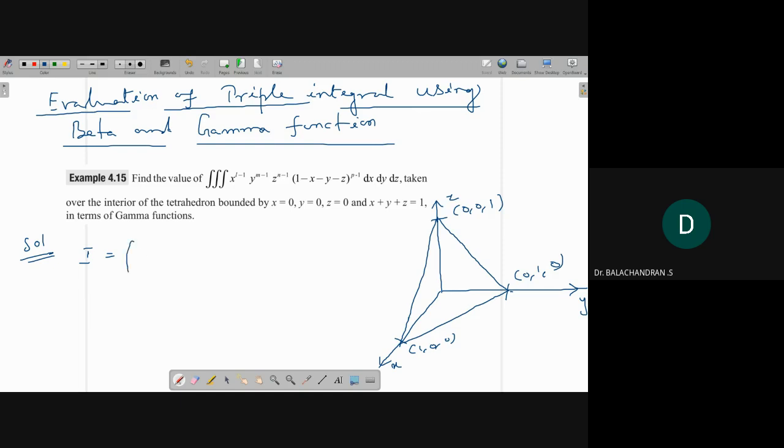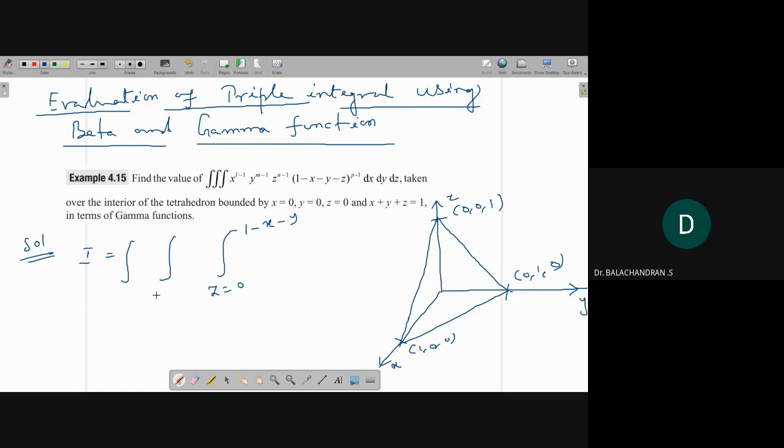Please tell the limits, first for z, then y, and then x. What does z vary from and to? 0 to 1 minus y minus x. Correct.